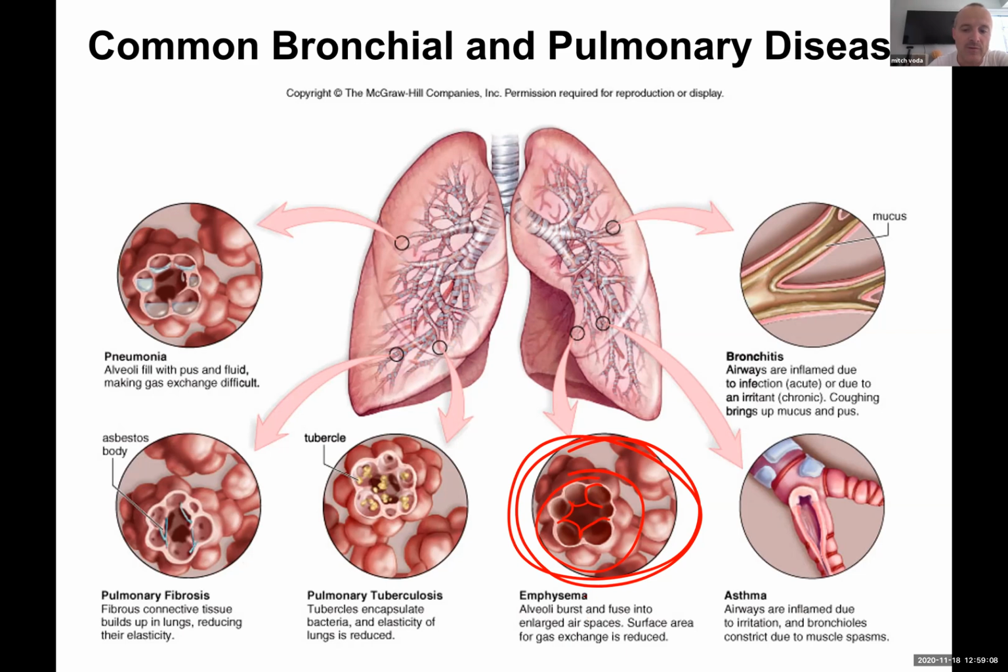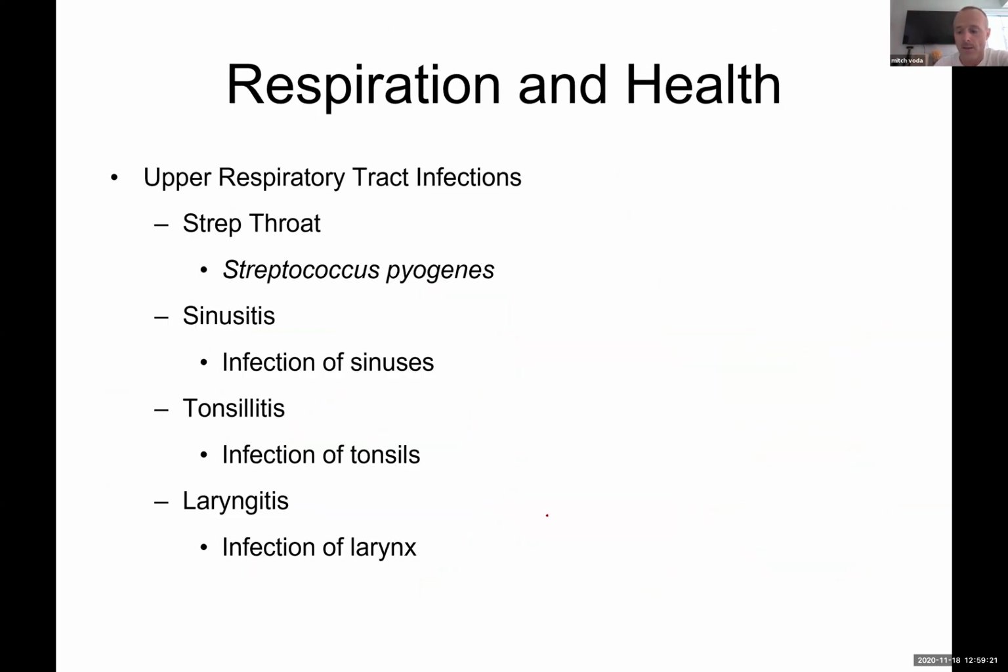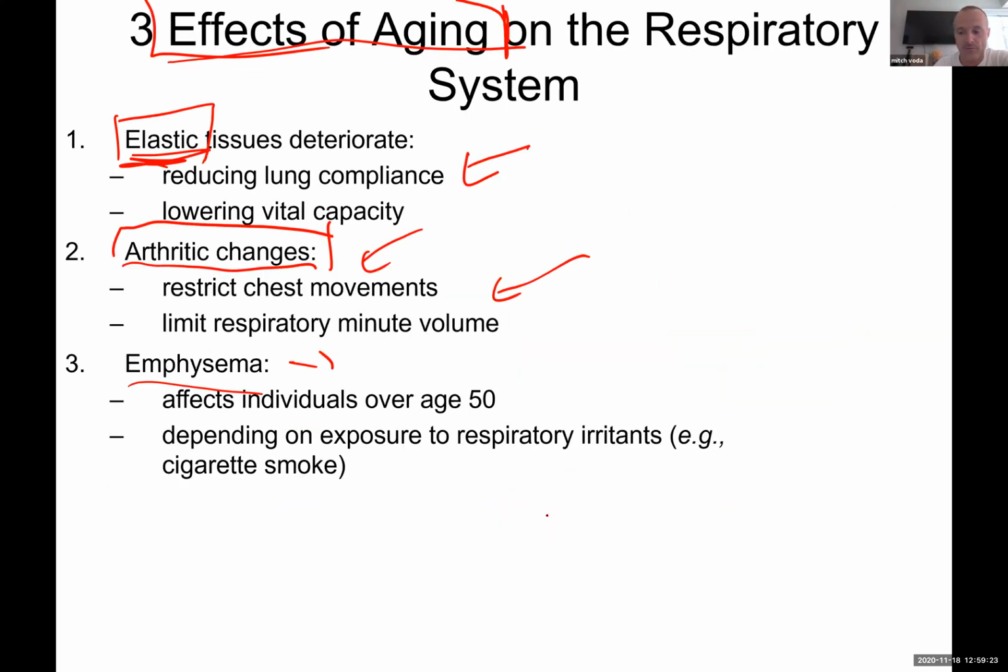People with emphysema, when the alveoli burst, do not get enough oxygen. That's why they get tired very quickly, and a lot of times they walk around with tanks of oxygen. That's the effects of aging.